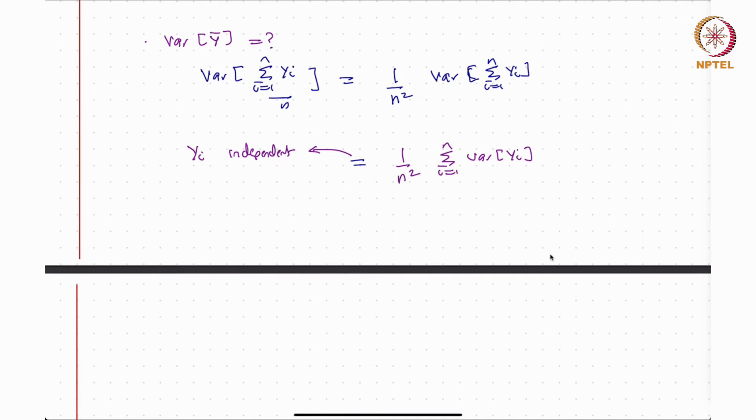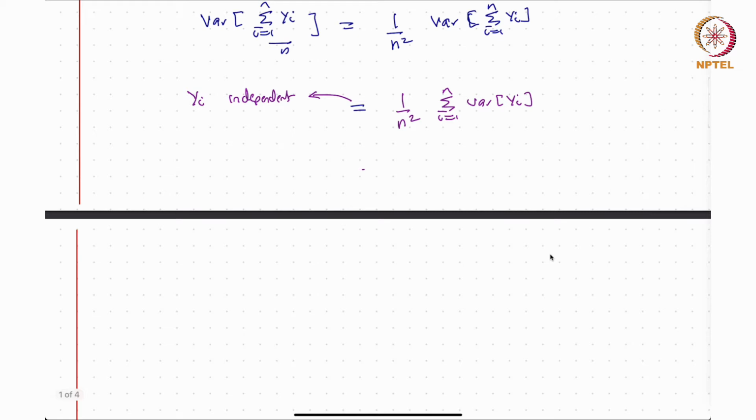That just follows from the properties of independent random variables. But each variance of yi is the same as that of y1, because they're all distributed exponential 1. So I can replace this with 1 over n squared times n times the variance of y1, which equals 1 over n times the variance of y1.